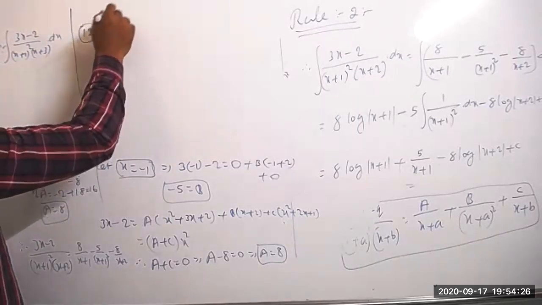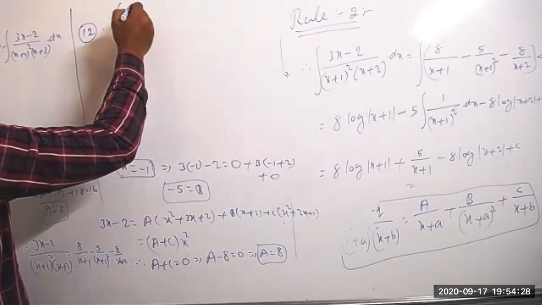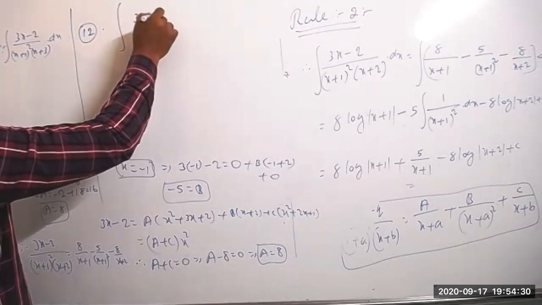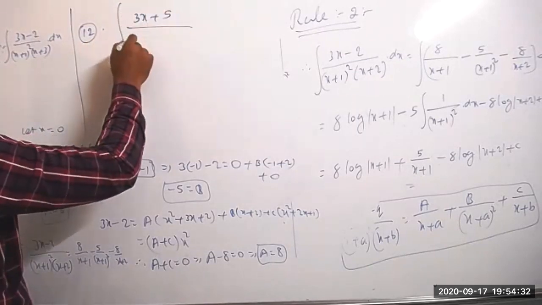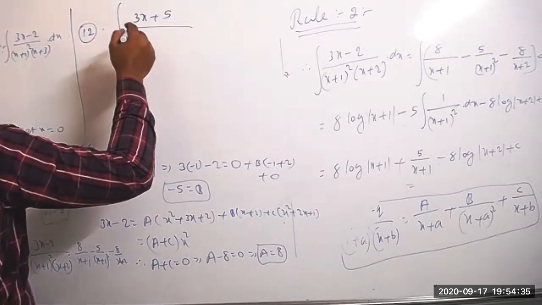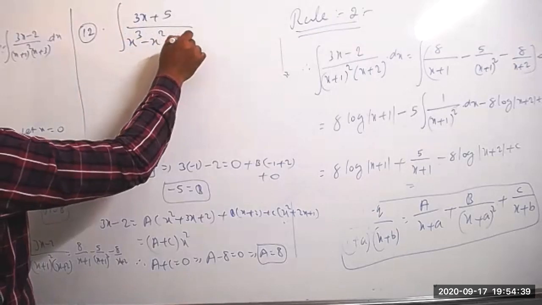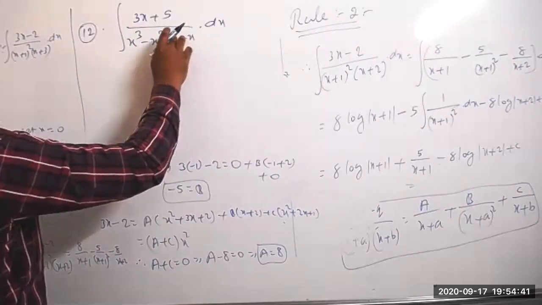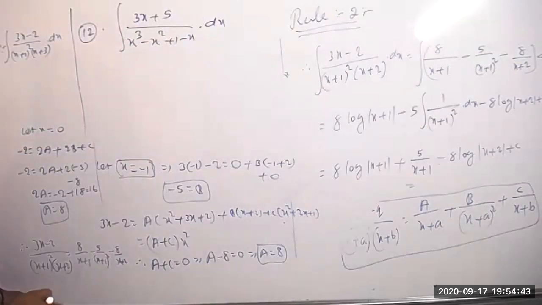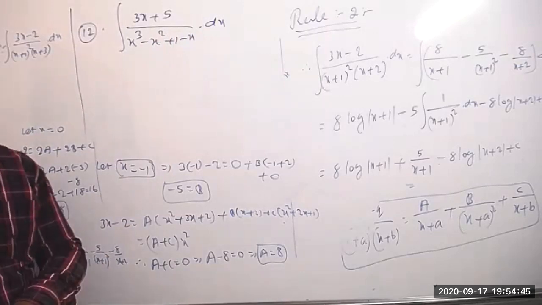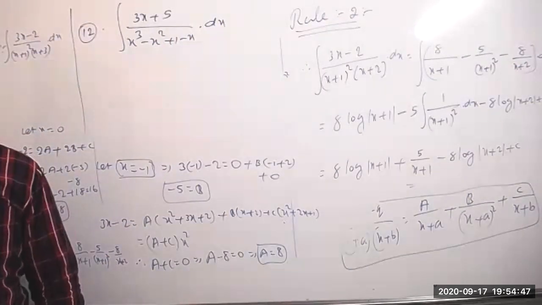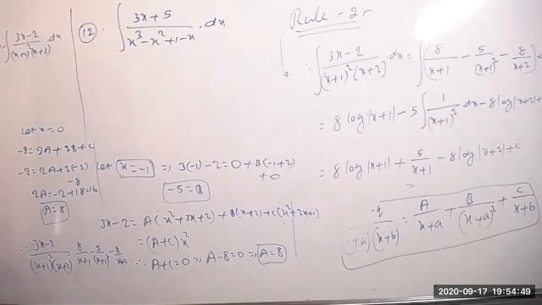Twelfth one, integration of (3x plus 5) by (x cube minus x square plus 1 minus x) into dx. Integration of (3x plus 5) by (x cube minus x square plus 1 minus x) into dx.